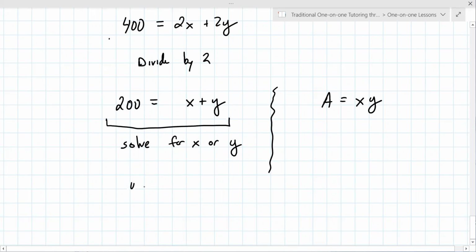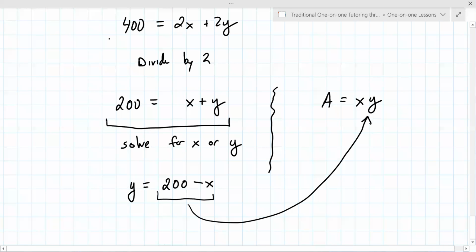Okay. So if we solve it for y, we get y equals 200 minus x if you just move the x over. So this right here goes in for y there. You're substituting.